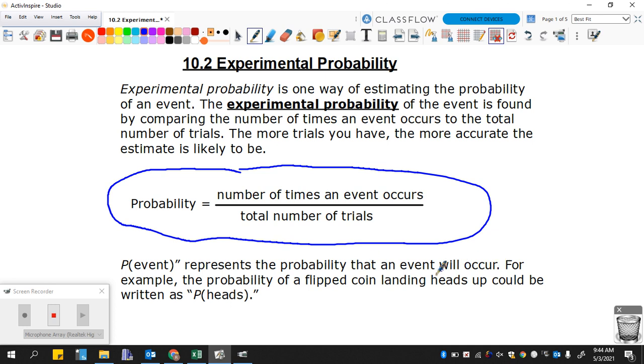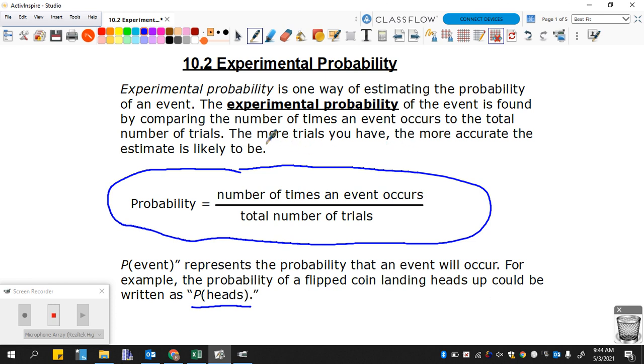For instance, if you have P of heads, it means the probability of a coin that lands heads up. Okay, that lands on heads.